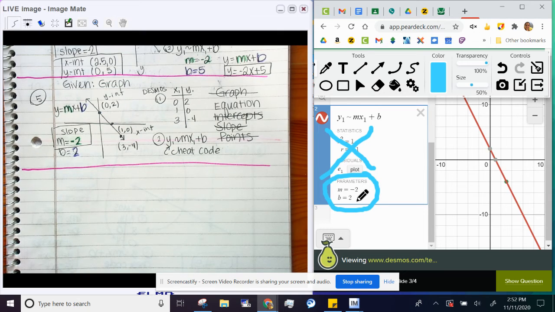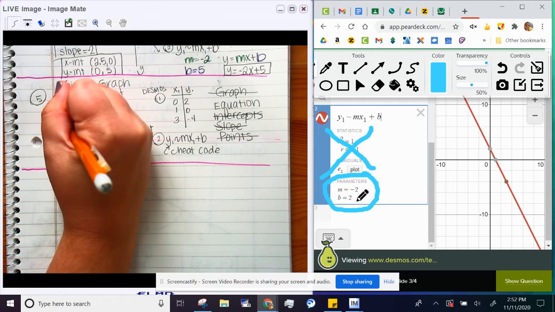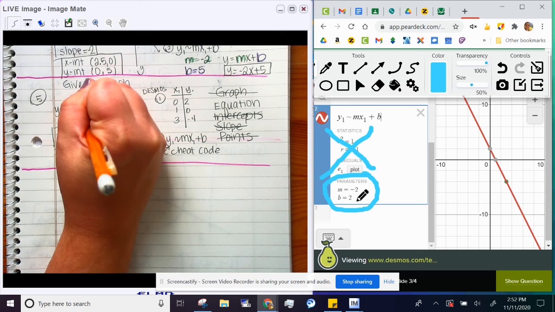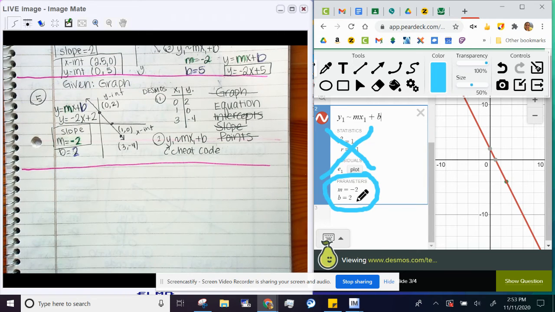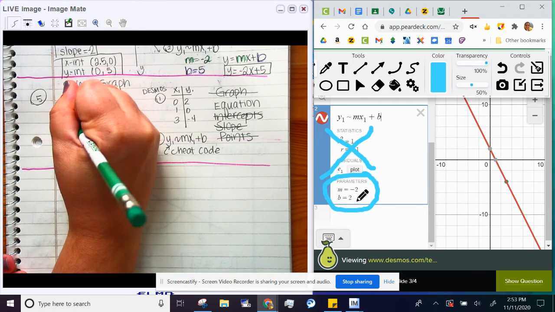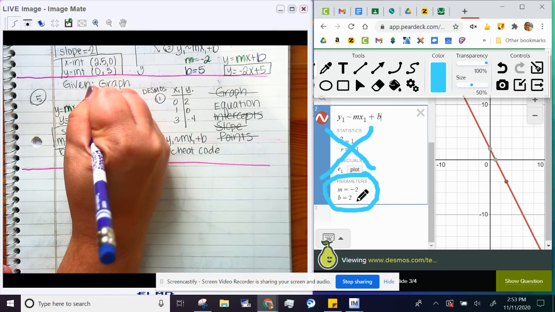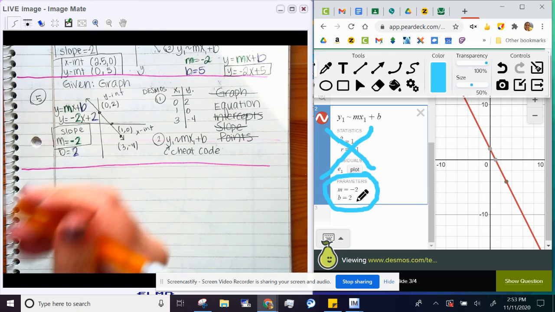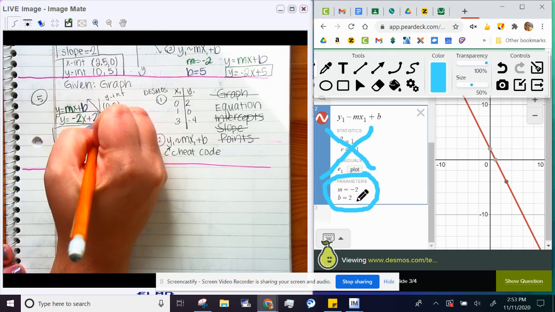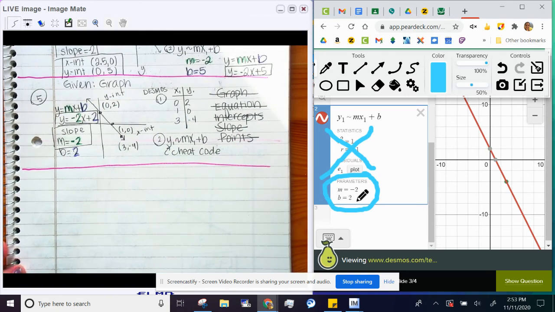So I'm going to use that to write my equation. So I got y equals negative 2x plus 2. And again, I got the negative 2 because that was the value of m. And I got the positive 2 because that was the value of b. And that is my equation. So I am done with this problem. I did all 5 pieces.